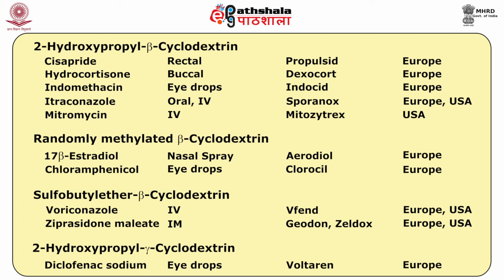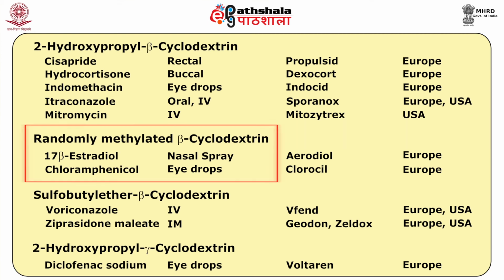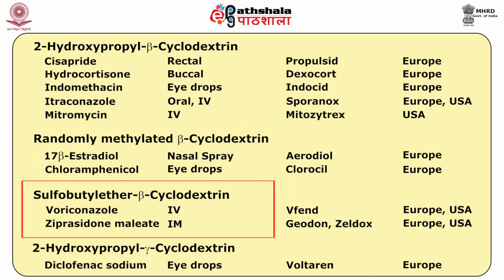Shown here in the table are the derivatives of beta cyclodextrin such as 2-hydroxypropyl beta cyclodextrin, which can encapsulate drugs like indomethacin, mitomycin, cisapride, etc. Then there are randomly methylated beta cyclodextrin, which can encapsulate chloramphenicol, and sulfobutyl ether beta cyclodextrin, which can encapsulate specific drugs depending on its cavity size.